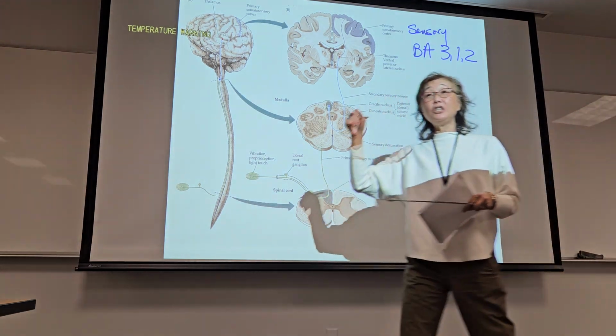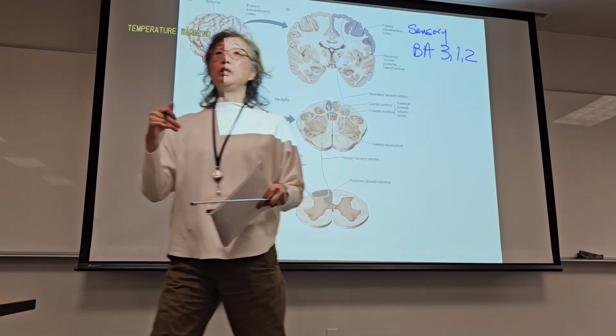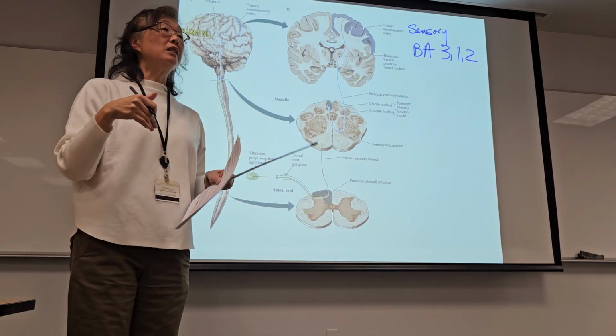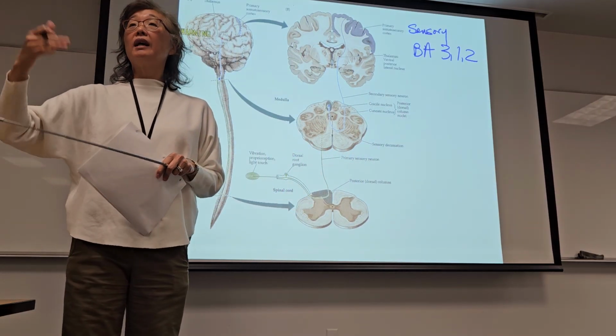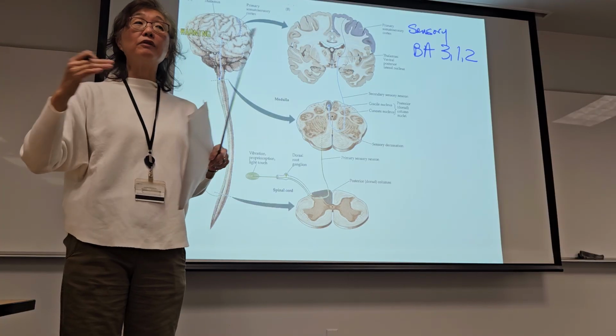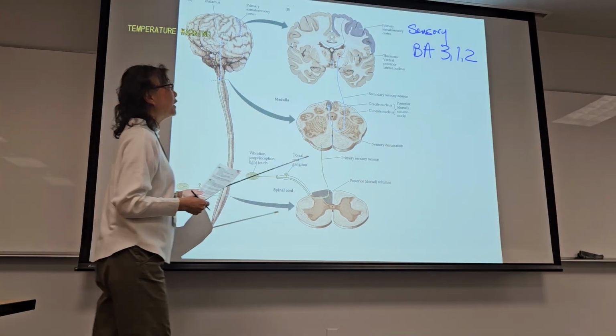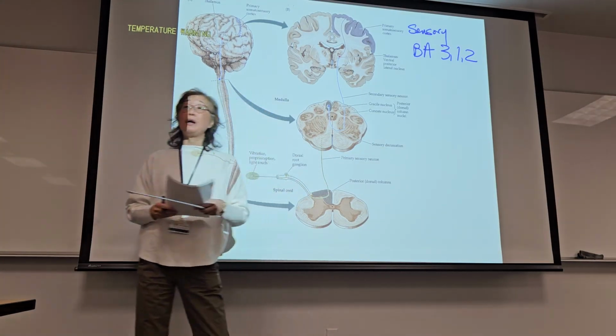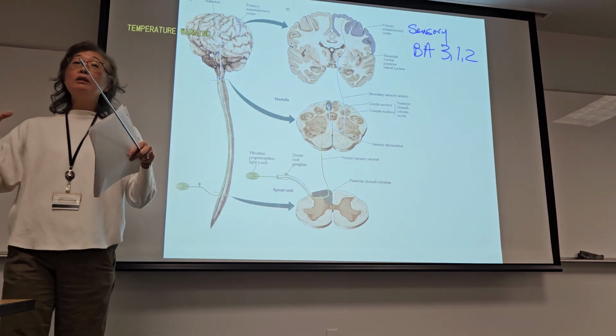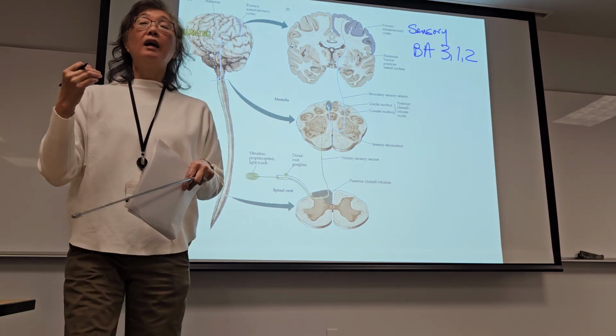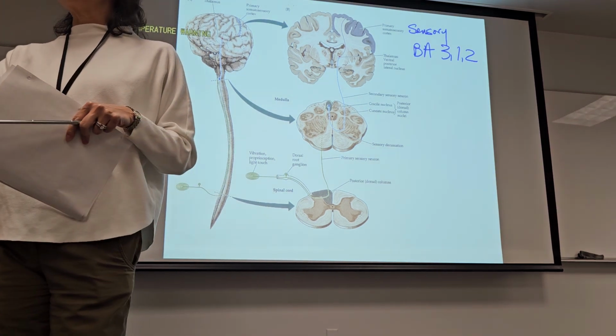Now, if I lesion Brodmann's area 3, 1, 2, we want to really know what this means because we're going to have patients in the latter half of this class that we're going to have to figure out. If I lesion or damage Brodmann's area 3, 1, 2, I will lose quite a lot of detailed sensory processing.